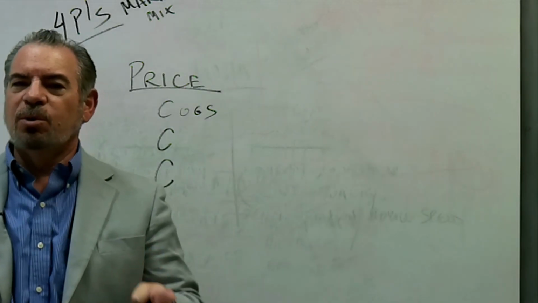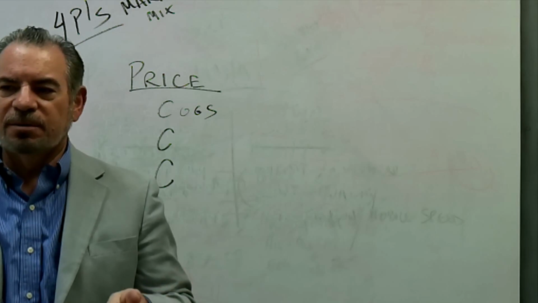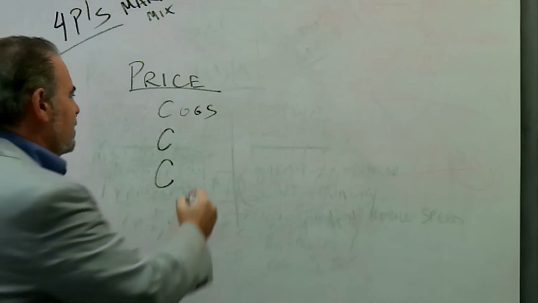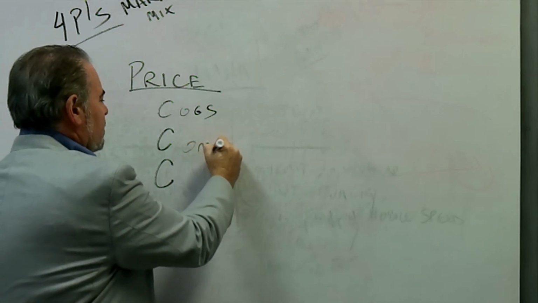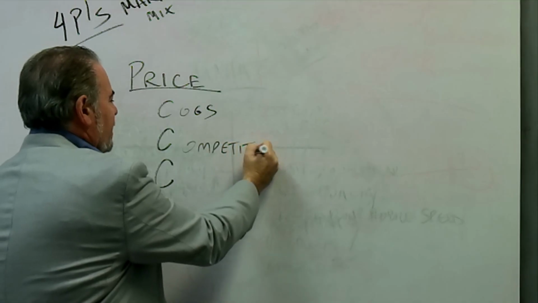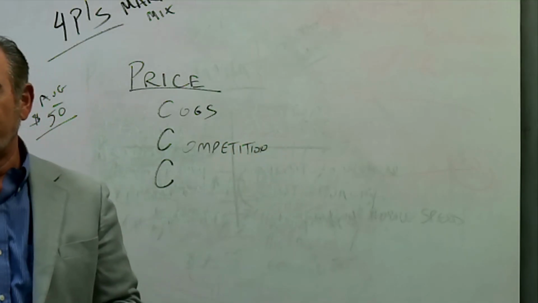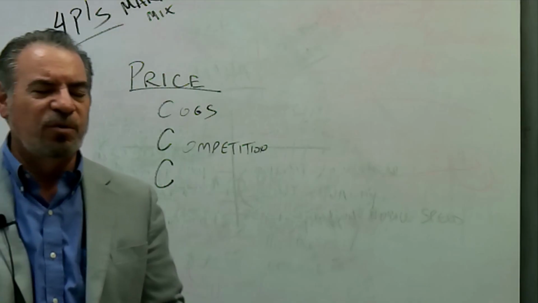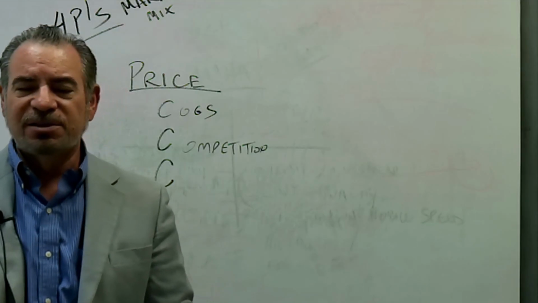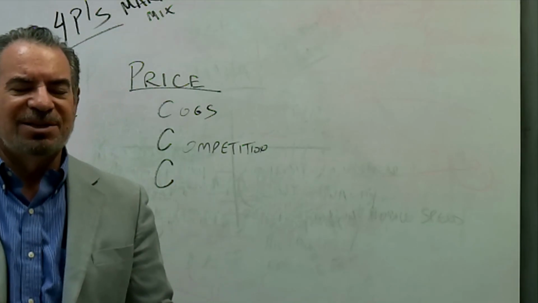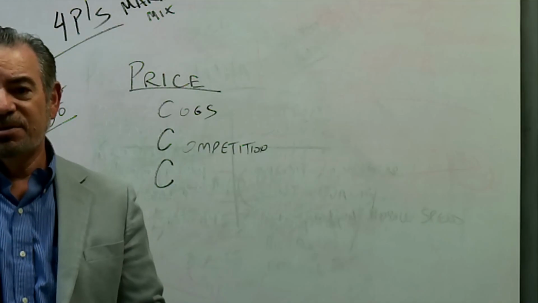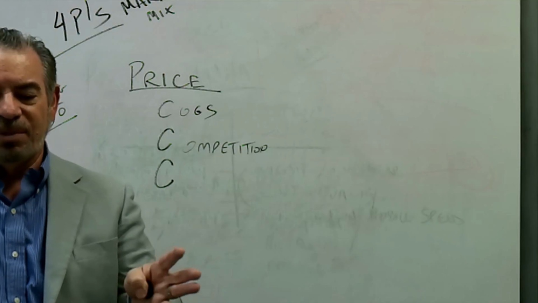Are you the only one in the market selling that product? Competition, right. The competition, okay? Now, the competition is important because it doesn't matter what you price it for. You could say you want to sell something for $75, but if the competition is at $50, you have a hurdle there.